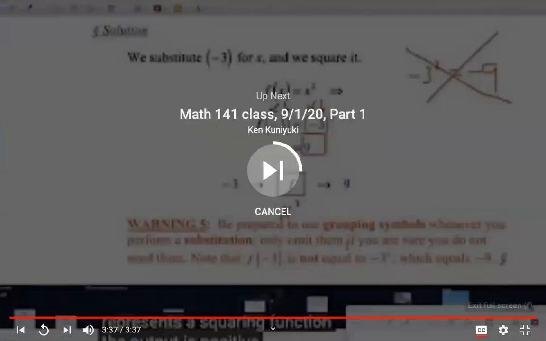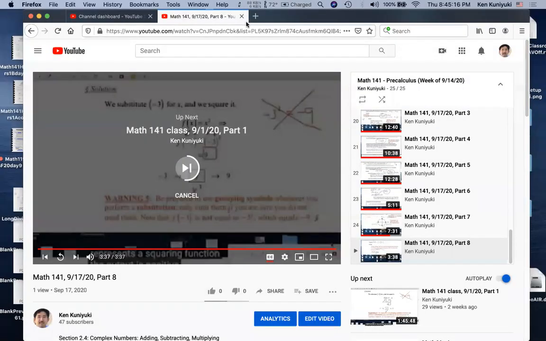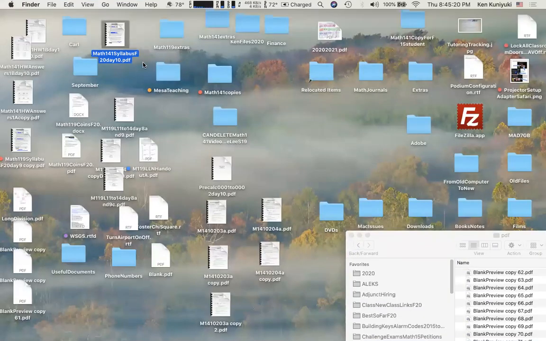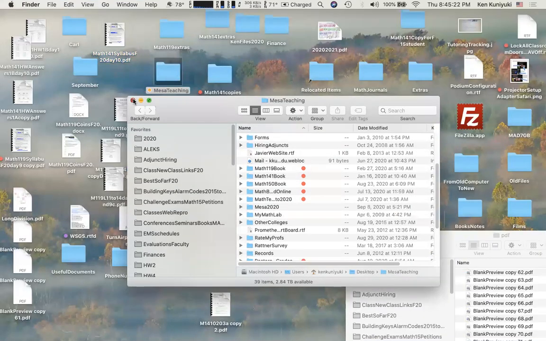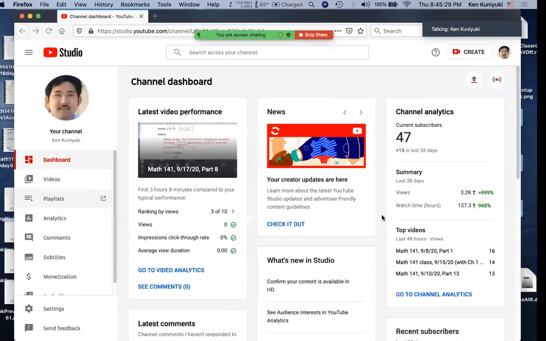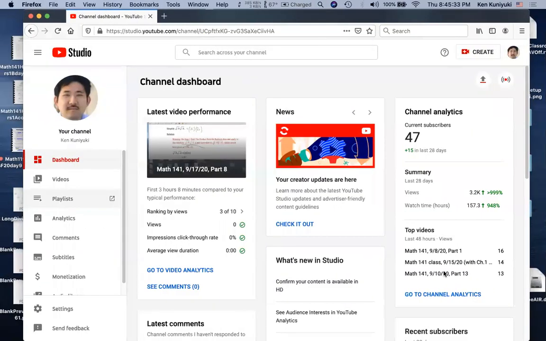All right, so that's all for that. Okay, let me go double check here. Okay, I forgot this number 8, but you can go through part of 2.4. So here's the plan. Keep going to chat.